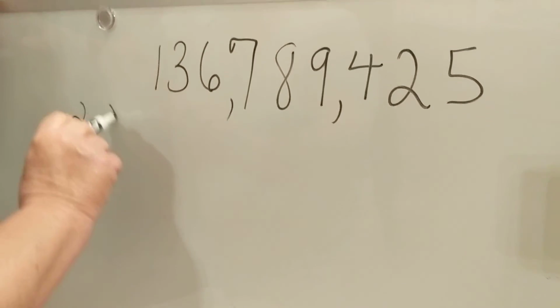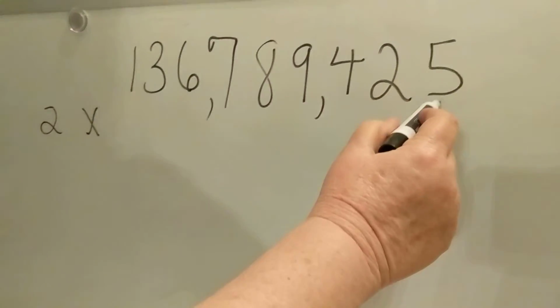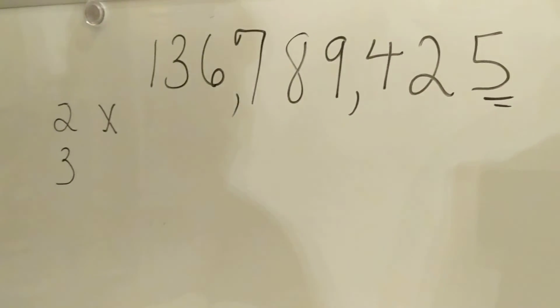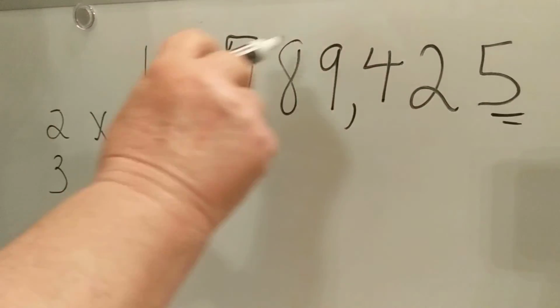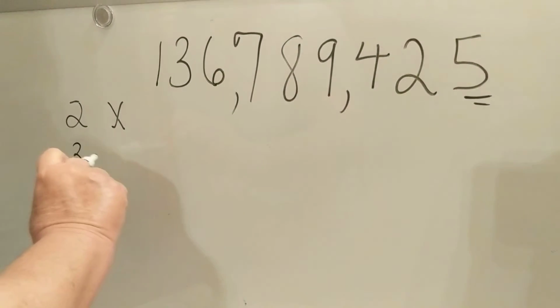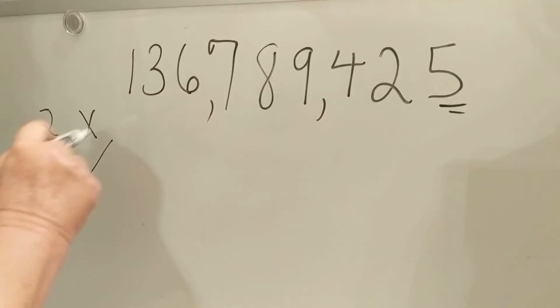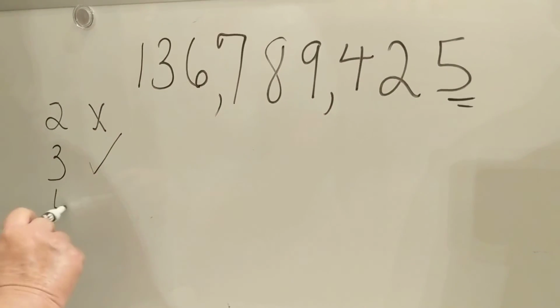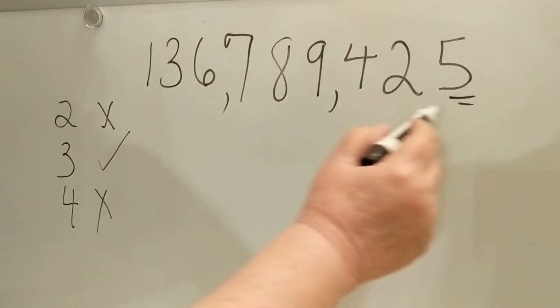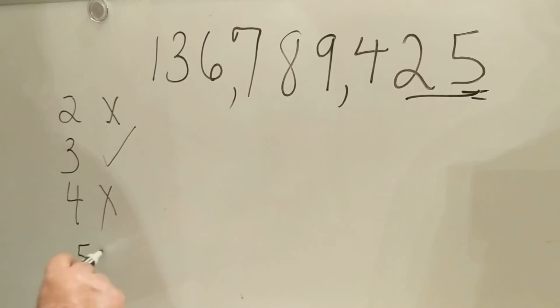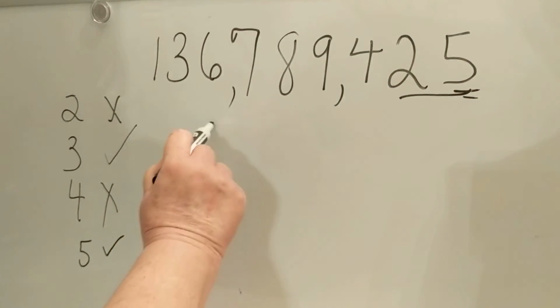Divisibility by 2: no. If you look at the last number, it's not even. 3: I believe that the sum of these numbers, if you add them all up, is 45. 3 times 15 is 45. Now, if 2 won't go, none of the evens will. 4 won't, because 4 doesn't go into 25. 5 works, because the last digit is a 5.